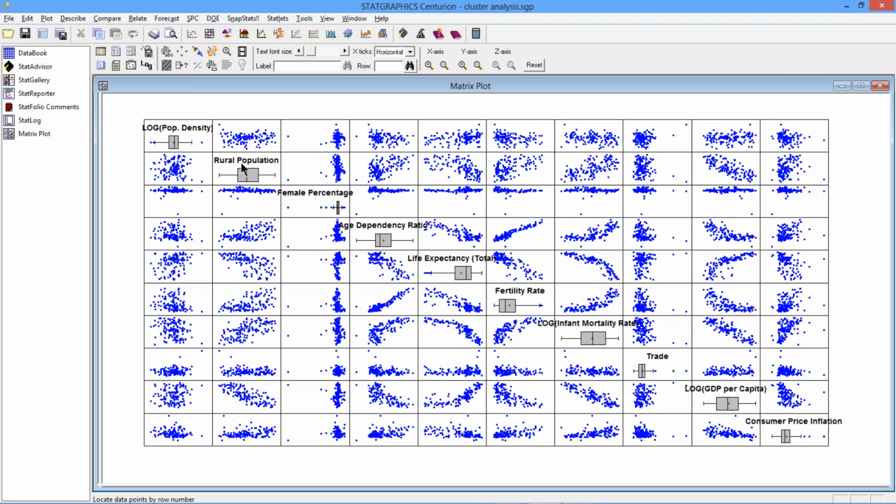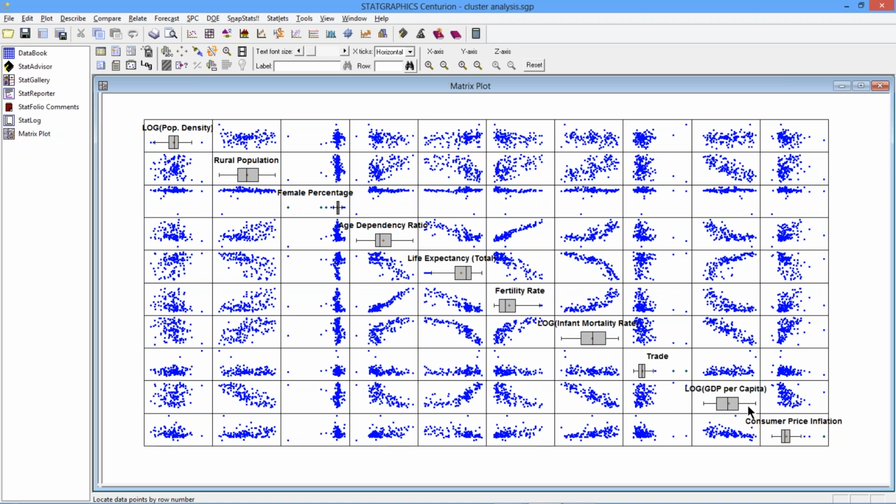At the same time, you can see on the diagonal of the matrix a standard box and whisker plot for each of the 10 variables. And the reason I've taken the log of certain variables, for example, down here, the log of GDP per capita, is to make the distribution across the countries fairly symmetric.